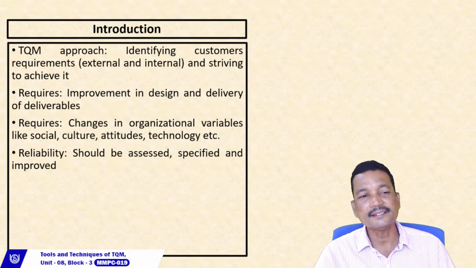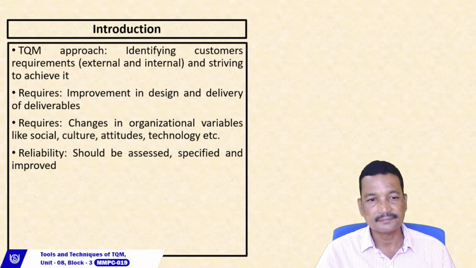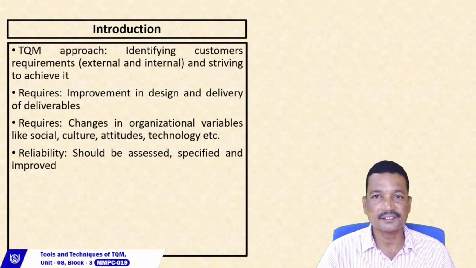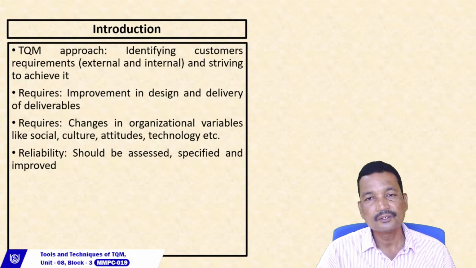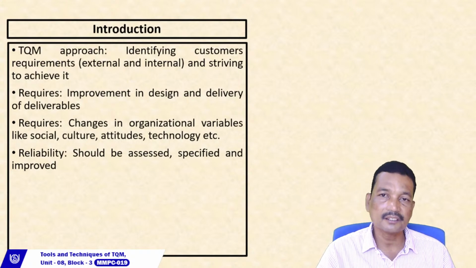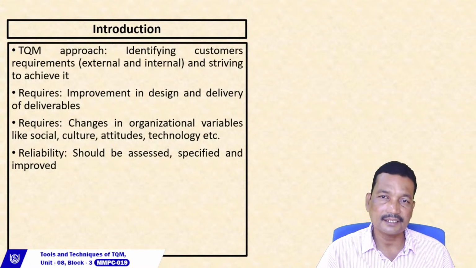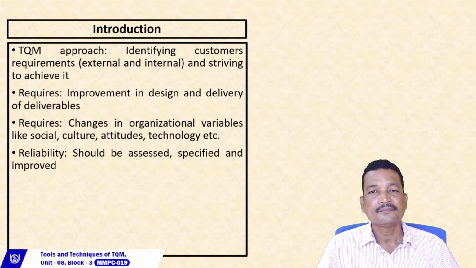Lastly, we say reliability. What is reliability? When a product comes out, it has some features, and these features or the functions of the product should continue for the life period of the product that we are having.